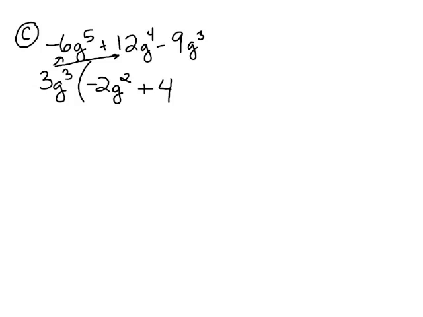And what about my g's? Just a g. And how about to get back to this? Negative 3, g cubed. 3 times negative 3, negative 9g cubed. So that was my greatest common factor.